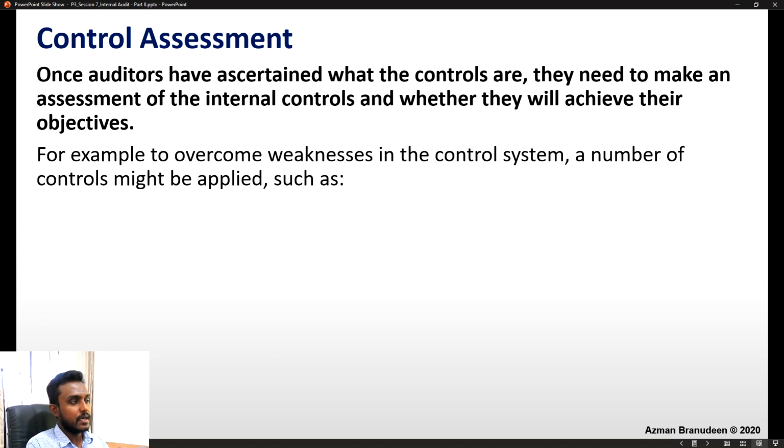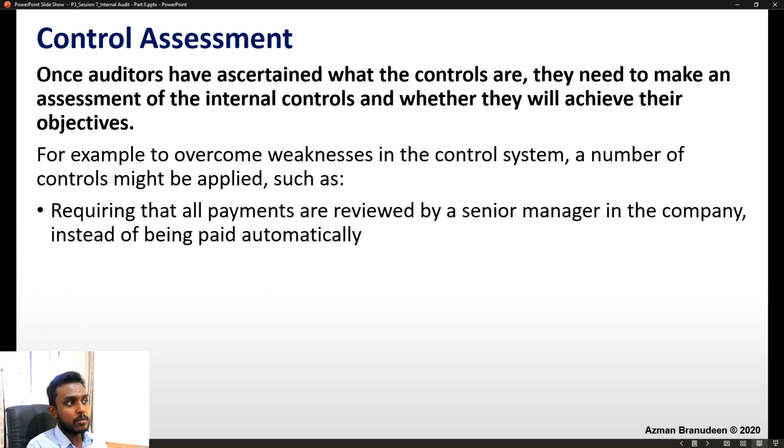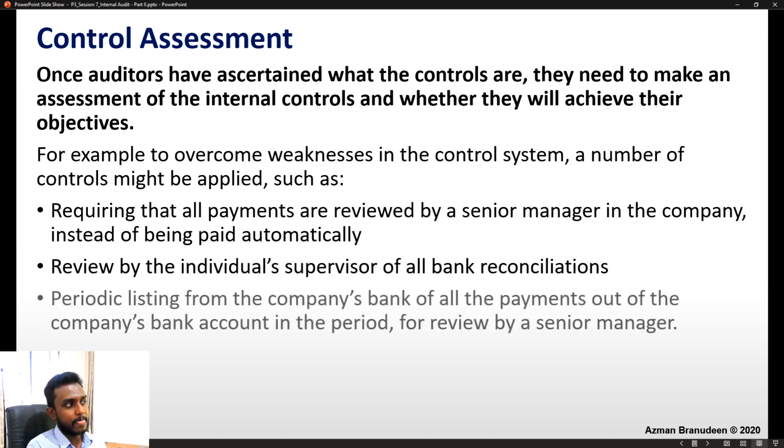For example, to overcome weaknesses in the control system, a number of controls might be applied, such as requiring that all payments are reviewed by a senior manager in the company instead of being paid automatically, a review by the individual supervisor of all bank reconciliations, or a periodic listing from the company's bank of all the payments out of the bank account in the period for review by a senior manager. Just a few examples of how you can overcome weaknesses in a control system, basically by adding further controls or tightening those controls.